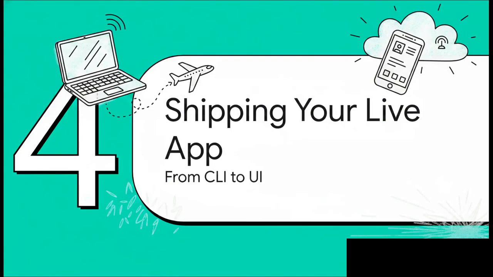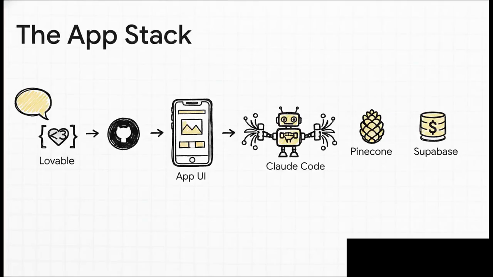Okay, we're on the home stretch. Our research is now free, it's structured, and it's queryable from anywhere. The last step is to get it out of the command line and into a simple user interface that anyone can access, even from their phone. The fastest way to get this built is with a really modern stack. We use a tool called Lovable to generate a deployable React UI just by describing it.